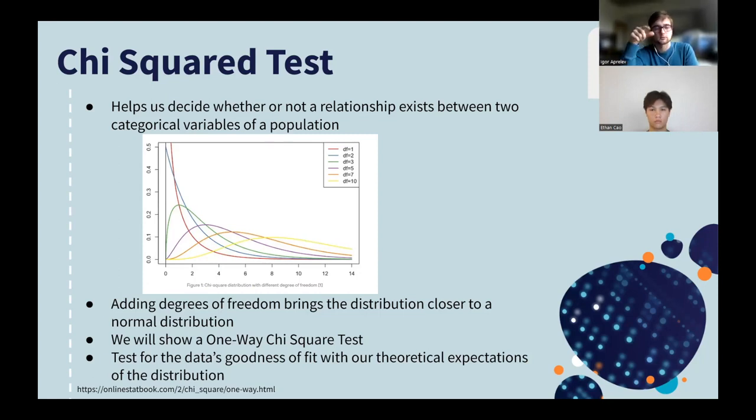So what I did was pick just one categorical variable out of a data set, and basically compare that to a completely uniform distribution of those categorical variables. You can think of it as testing the data's goodness of fit with our theoretical expectations of the distribution. So if you want to show the code for the chi-squared test.